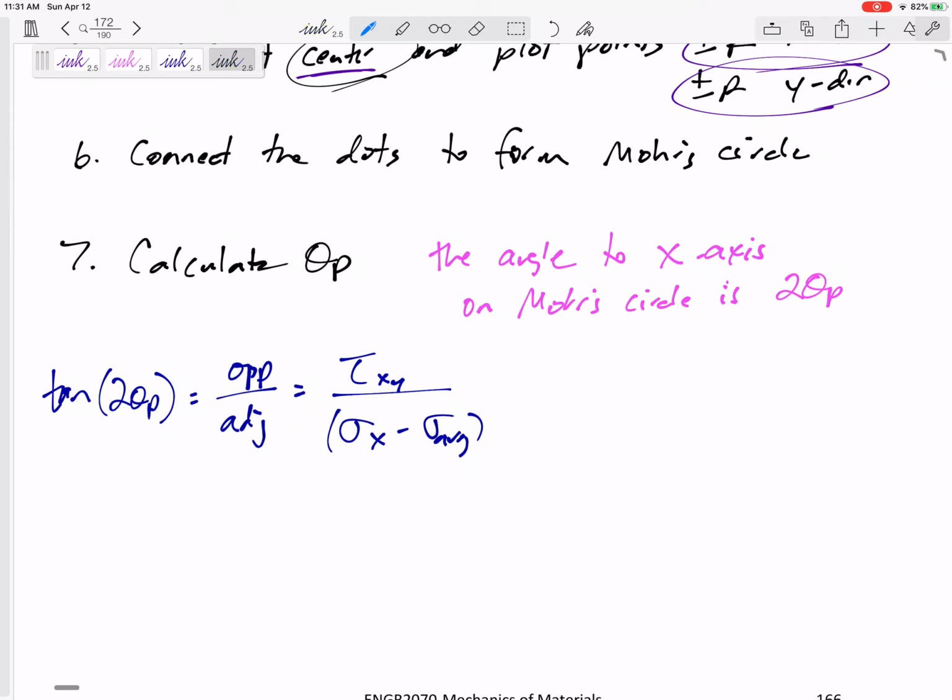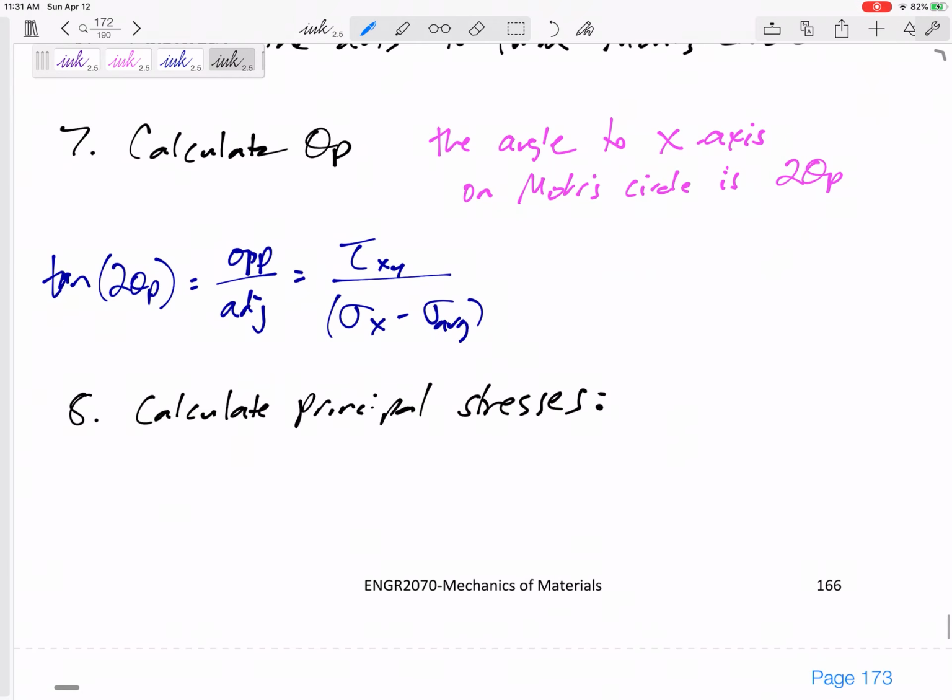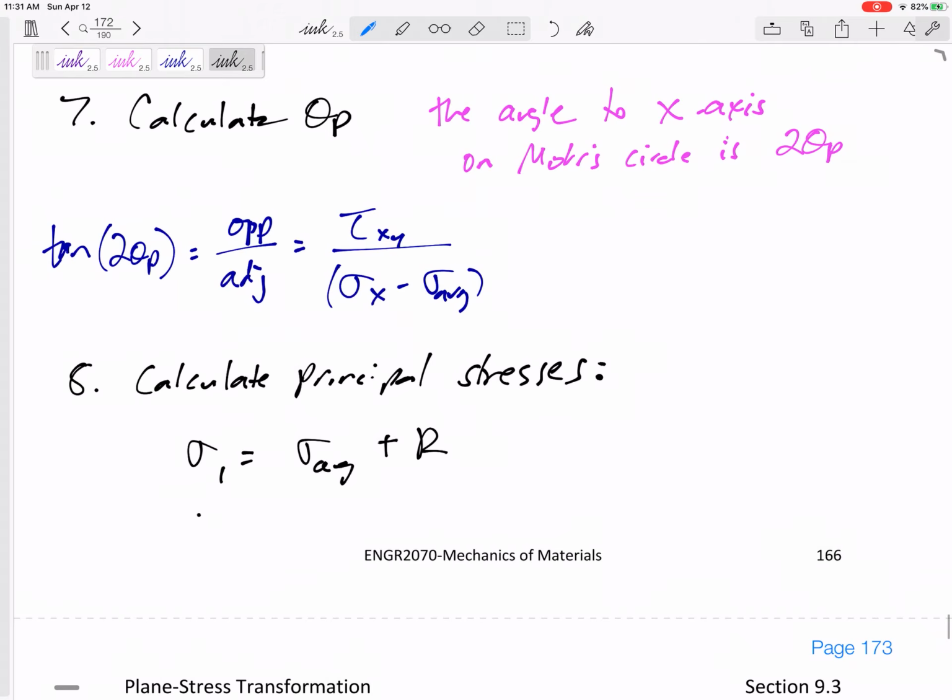And number 8, we can calculate principal stresses, which we probably already kind of had this calculation, but do you see that our sigma 1 is sigma average plus the radius?